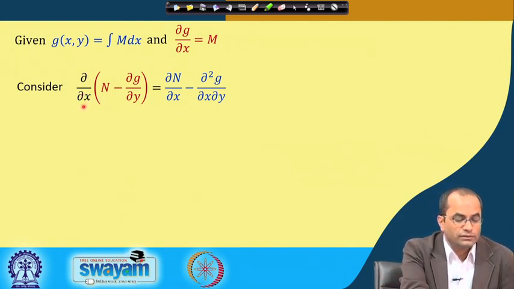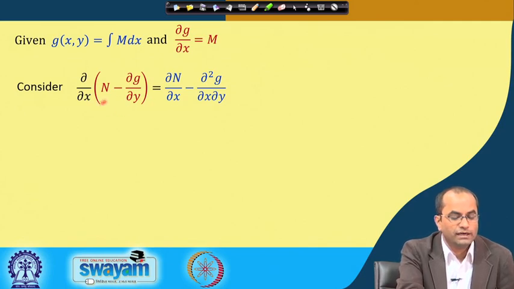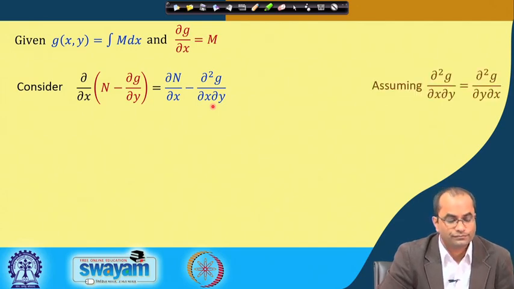So, here we have the partial derivative of N with respect to x, and the second order derivative of g with respect to x and with respect to y.